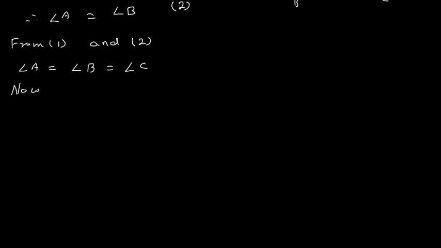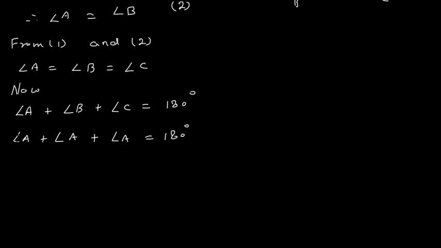Now angle A plus angle B plus angle C is 180 degrees. As you can see, angle A equals angle B equals angle C, so in place of B I can write A. So angle A plus angle A plus angle A equals 180 degrees.